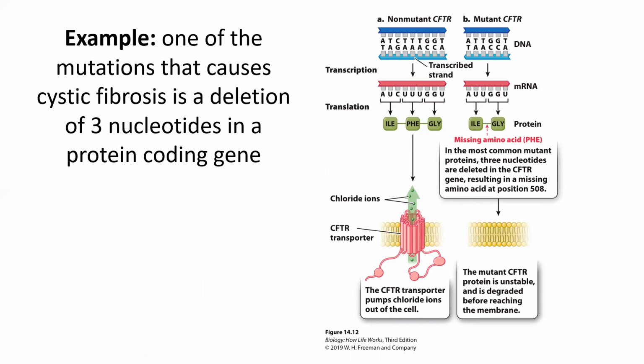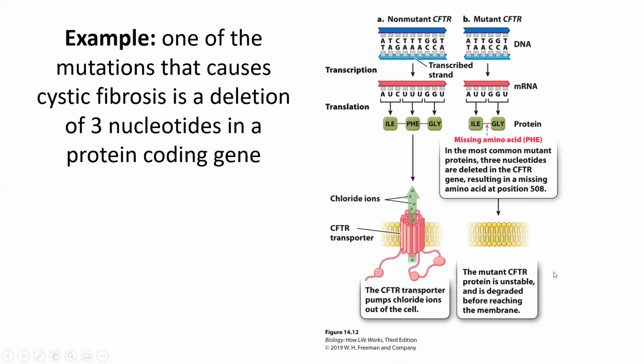Another example of a mutation that has a big impact is cystic fibrosis. In cystic fibrosis, just 3 nucleotides have been deleted in a protein coding gene. So instead of it being this long, we're missing 3 nucleotides, and as a result our peptide chain looks like this. We're missing this middle amino acid, PHE.